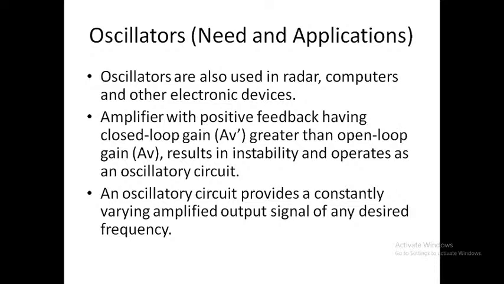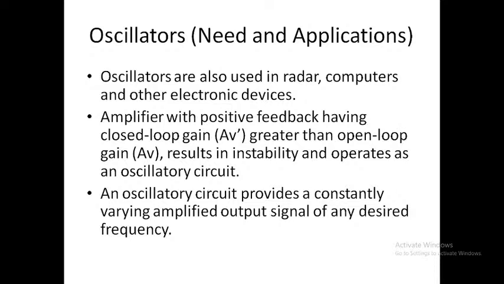An amplifier with positive feedback has a closed loop gain. This closed loop gain AB dash is greater than the open loop gain. You know that closed loop gain is gain with feedback and open loop gain is gain without feedback.